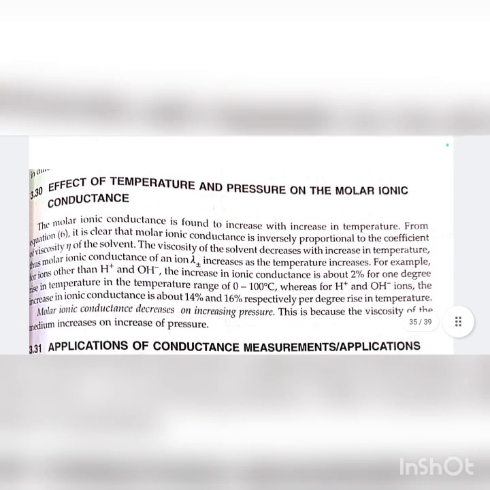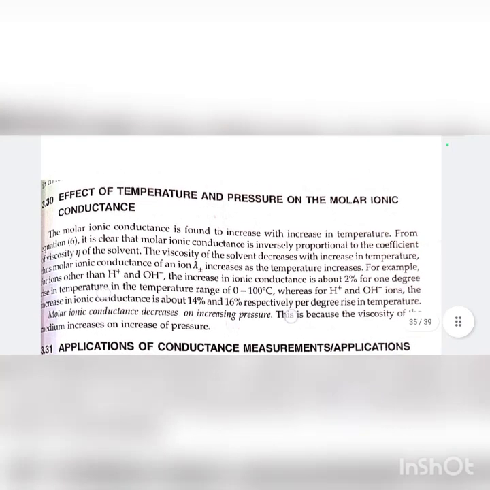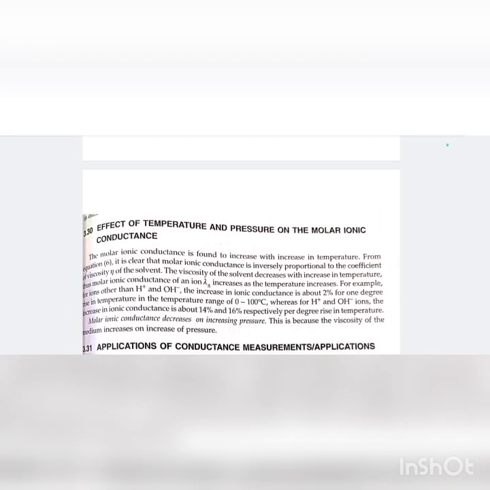Now next is the effect of temperature and pressure on molar conductance. The molar conductance is found to increase with increase in temperature. From equation 6, it is clear that the molar ionic conductance is inversely proportional to the coefficient of viscosity eta of the solvent. The viscosity of the solvent decreases with increase in temperature. The ionic conductance of an ion, lambda positive or negative, increases as the temperature increases.